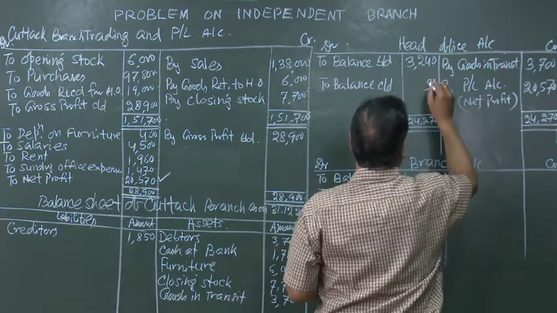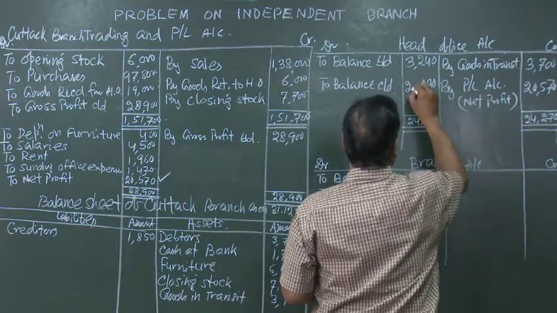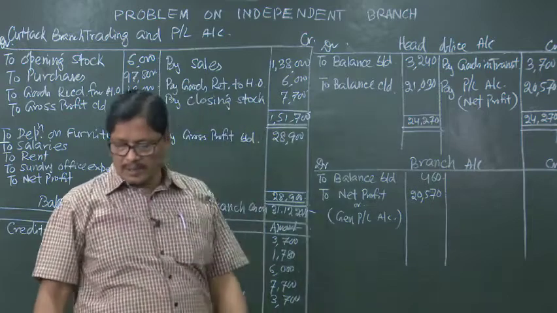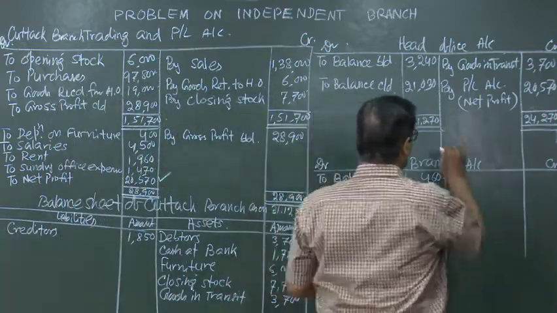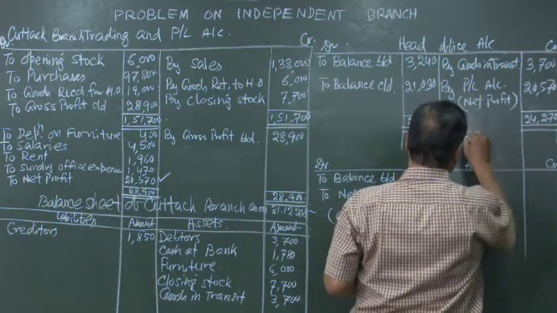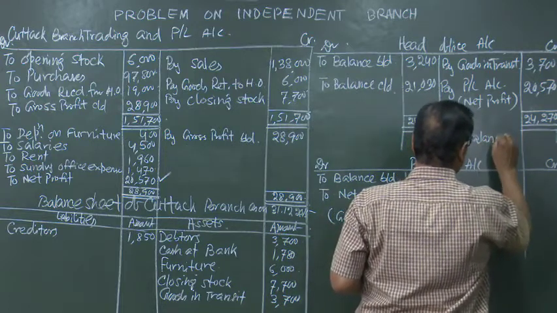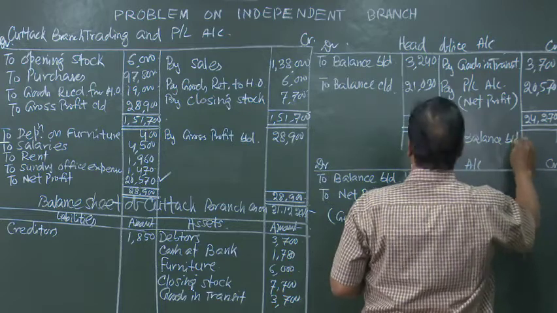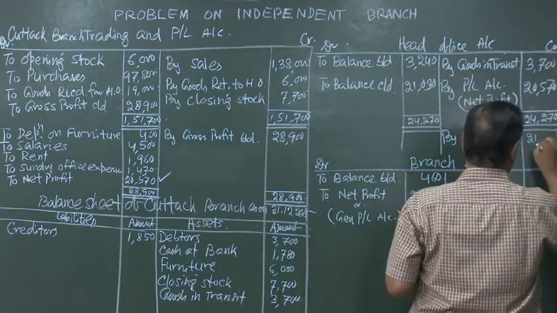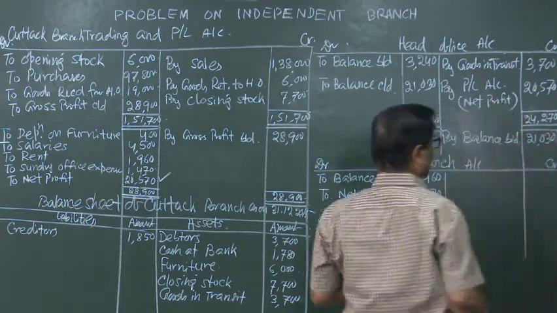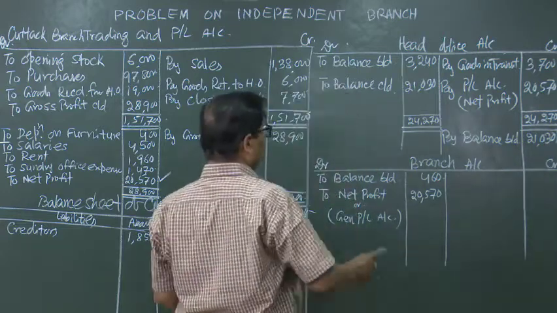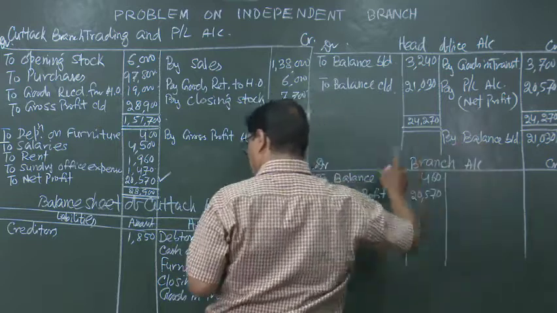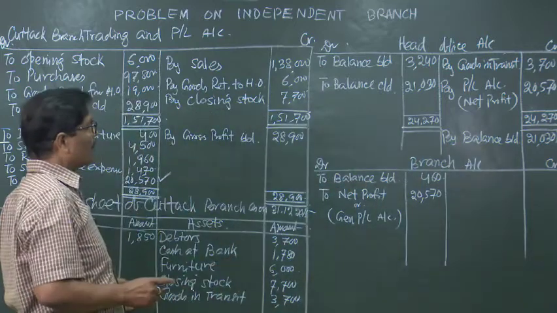21,030. So, if it will be to balance carried down, it will be by balance brought down. $21,030. If that is 21,030, then it should appear in the asset side of the balance sheet.